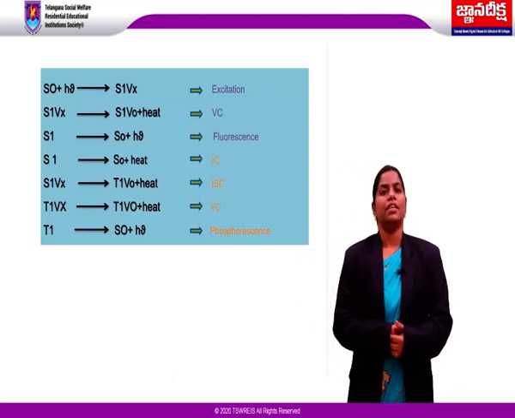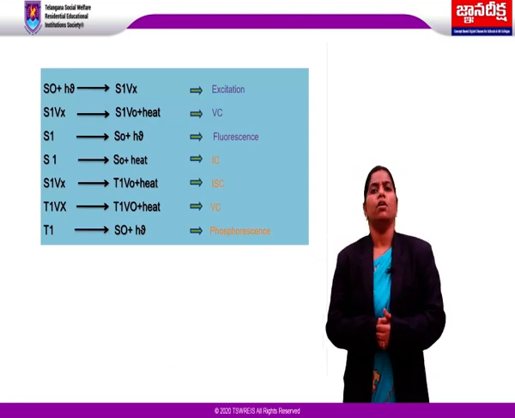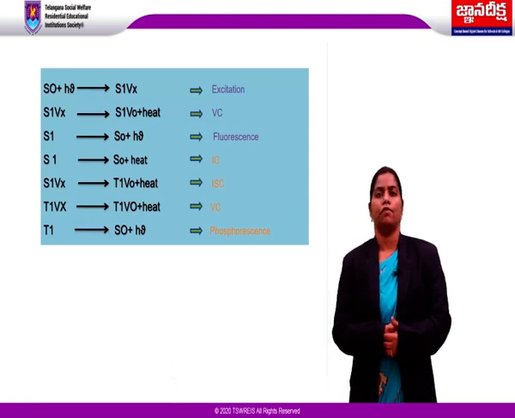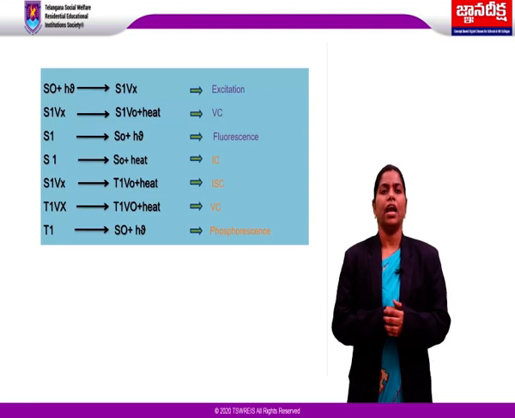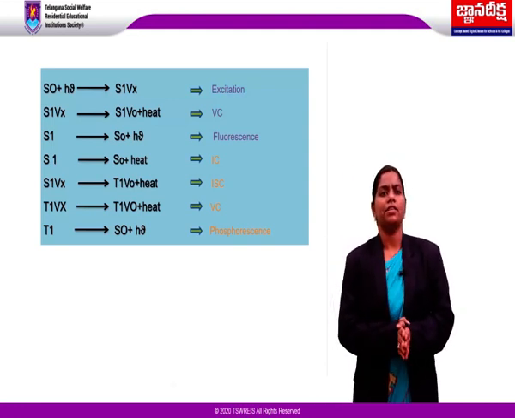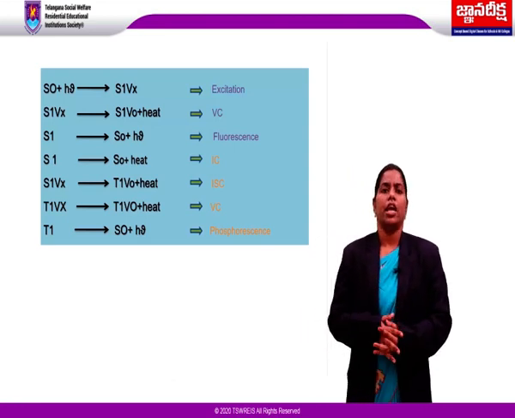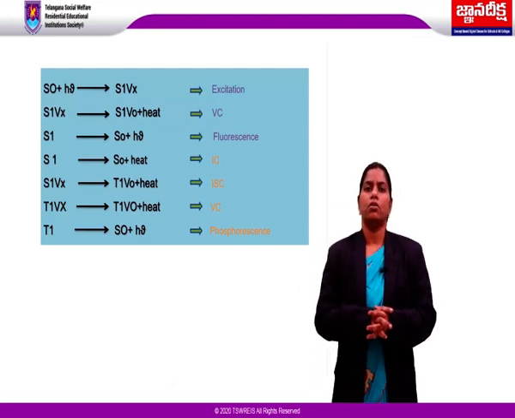The fourth step: if the molecule is returning from the higher singlet state S1 to the ground singlet state S0, liberating energy in the form of heat, that is called internal conversion. If the molecule is changing its spin multiplicity from S1 to T1 and giving off energy in the form of heat, such a process is called intersystem crossing.